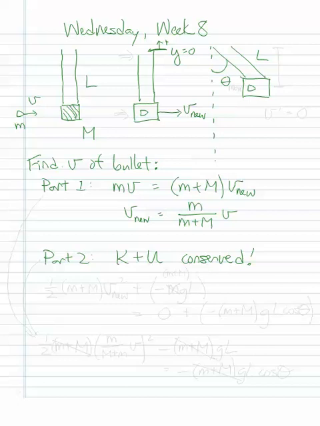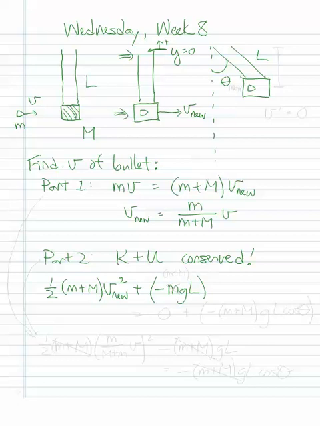So right just after the collision, it's 1/2 m plus M v new squared plus the gravitational potential energy, which is going to be mgy. It has to be negative because if I set y equals 0 at the top, it's positive going upward, so it starts down here when it's negative. So negative mgL, because the length of the ropes is L.